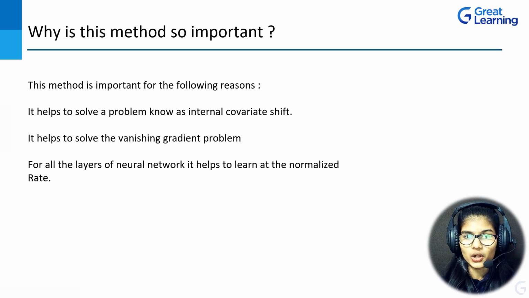Hope I am clear on what internal covariate shift is. Batch normalization is the tool that helps you solve this problem. Whenever there is a change in the network parameters during training, the distribution of the network activations changes as well.